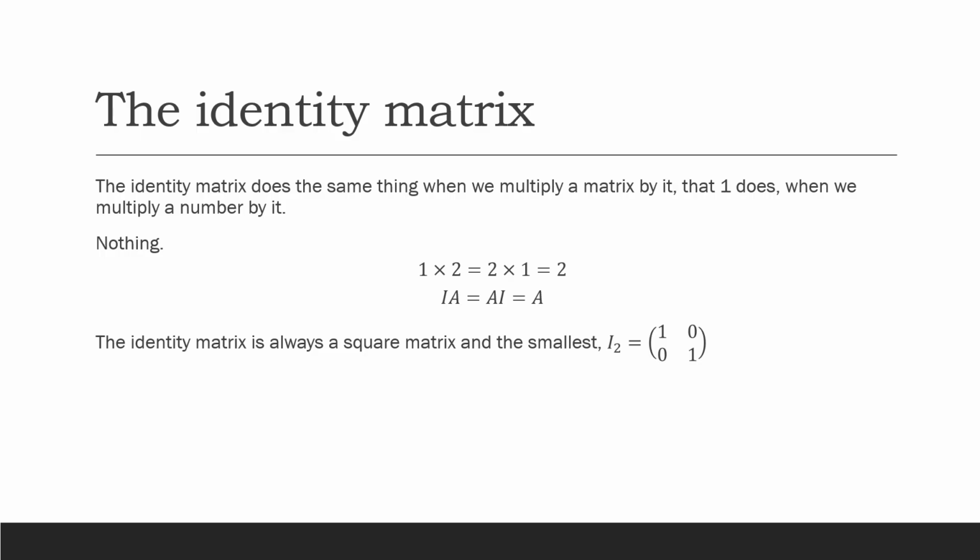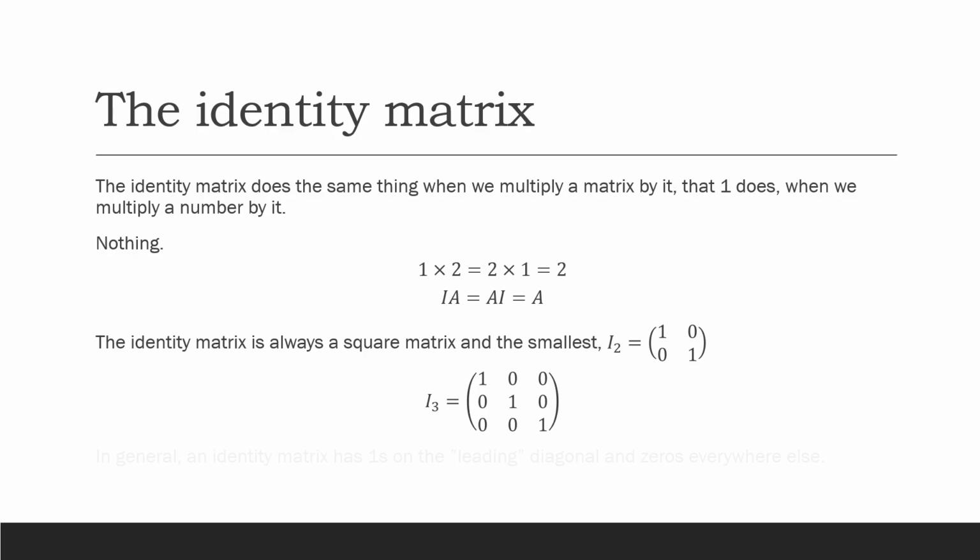They're always square, and they always look like this. They're always made up of ones and zeros. There's nothing else there. And to give you the pattern better, I3 for a 3 by 3 has ones along what we call the leading diagonal and zeros everywhere else.